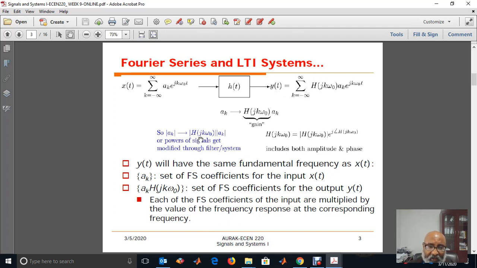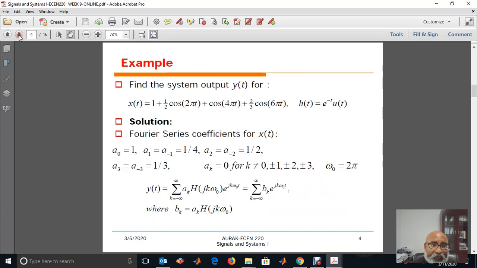What we need is to find the a k's for the input, and then find the frequency response H and evaluate it at each k omega naught, find b k equal to a k times H of jk omega naught, and do the summation. That's all to get the output.